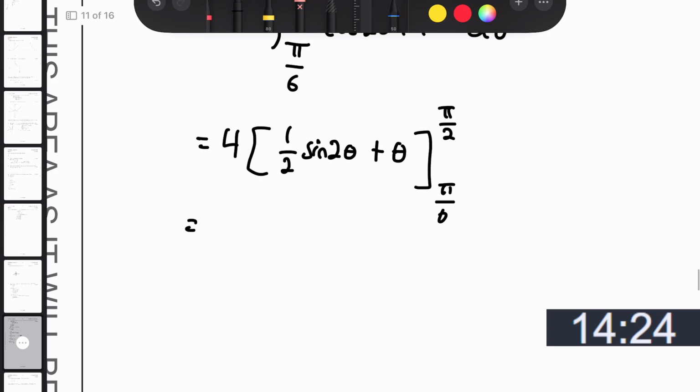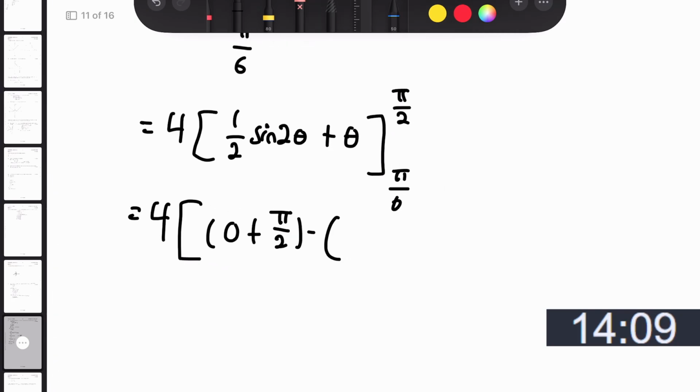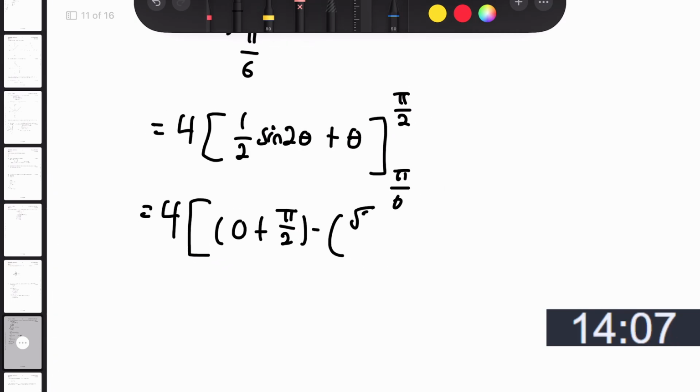So this is going to be 4 of, so sine of 2 pi is going to be 0, plus pi on 2, minus, sine of pi on 3 is going to be square root of 3 on 2, so square root of 3 on 4, plus pi on 6.